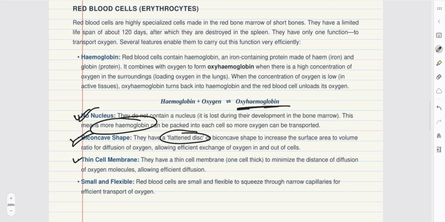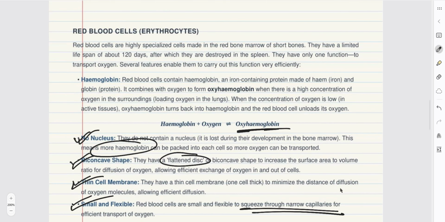They have thin cell membranes, so oxygen can easily diffuse in and out. And as said before, they are small and flexible, so they can squeeze through the capillary lumen. This is all that you need to know about the red blood cell or the erythrocytes.